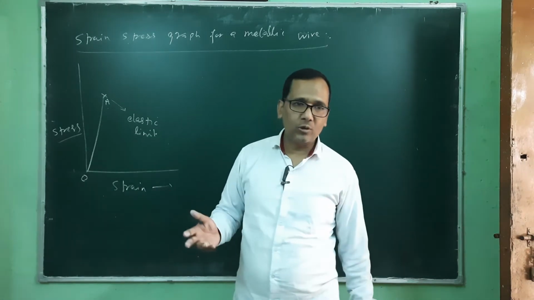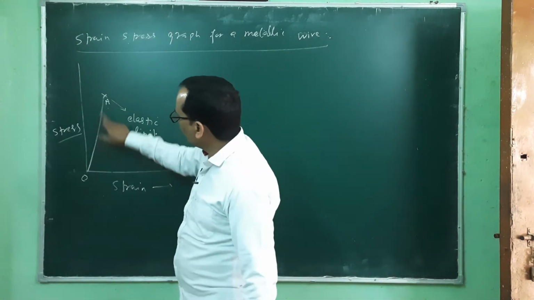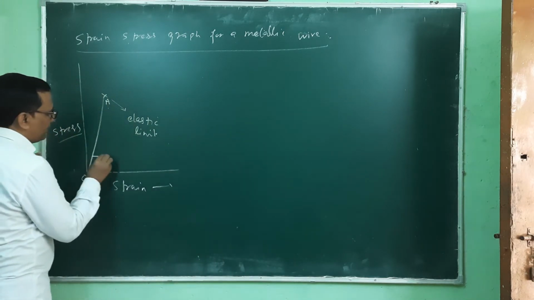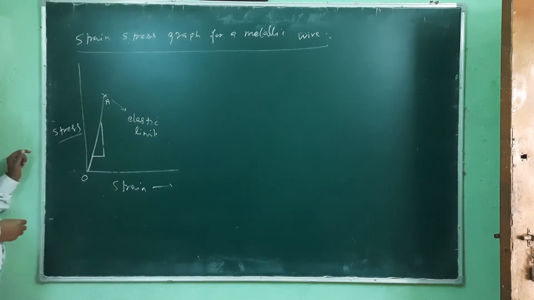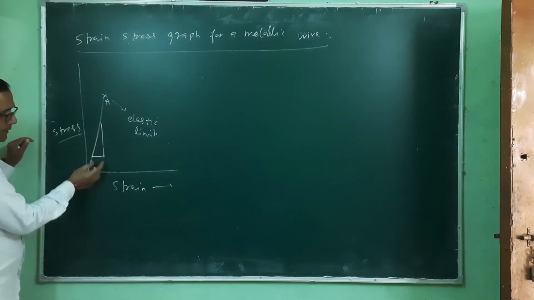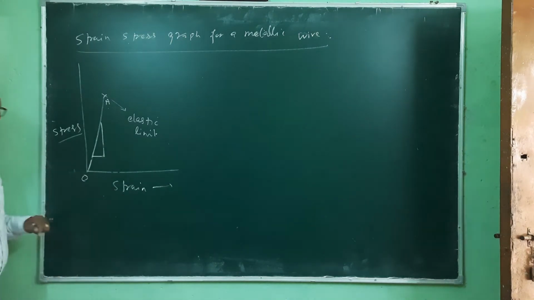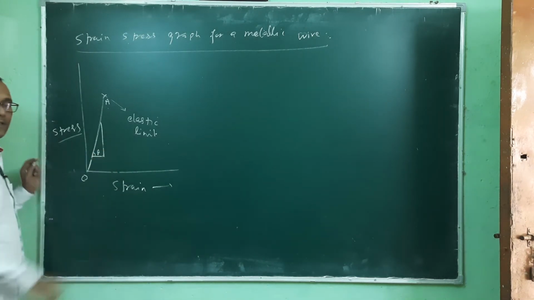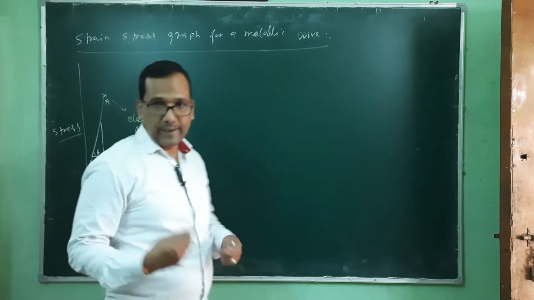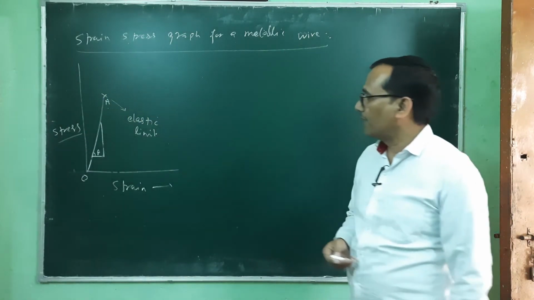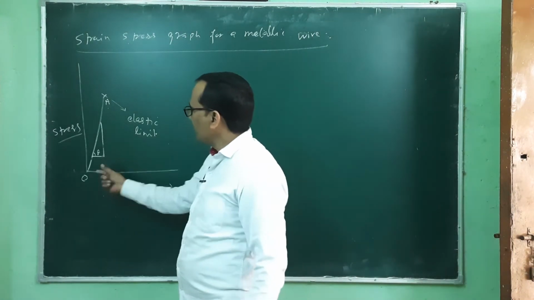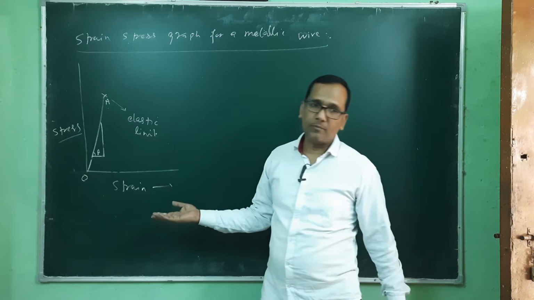The slope is the change in stress divided by the strain, that is tan theta, known as the tangent gradient. So the gradient is the ratio of these two, and this is Young's modulus.